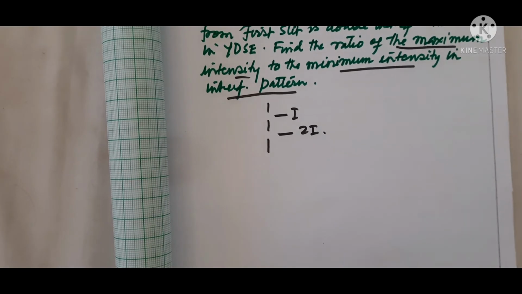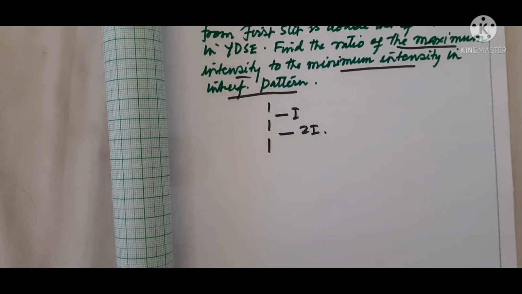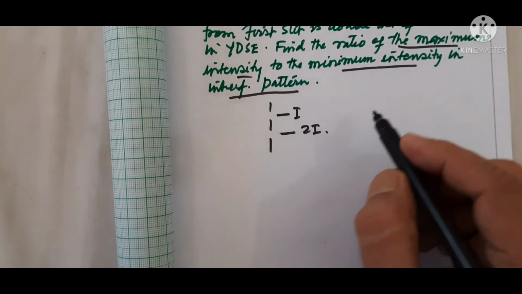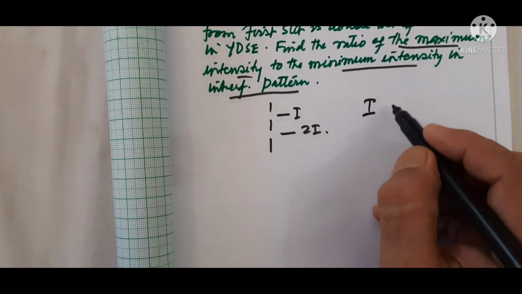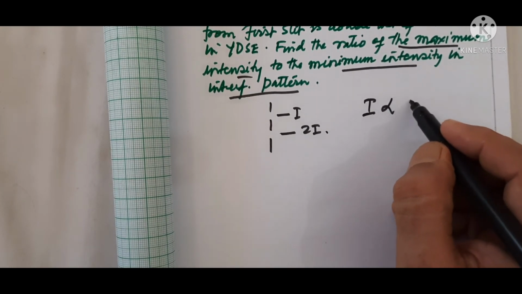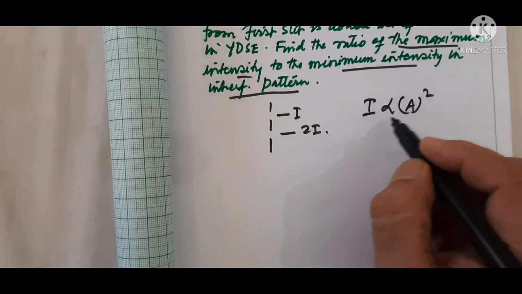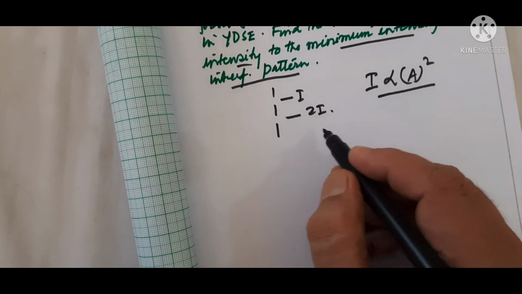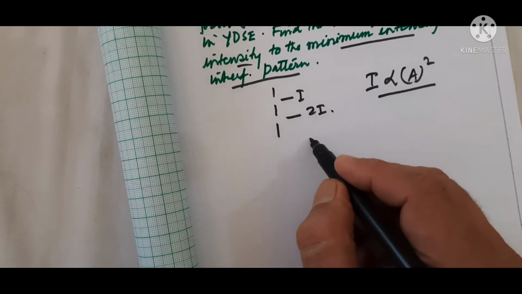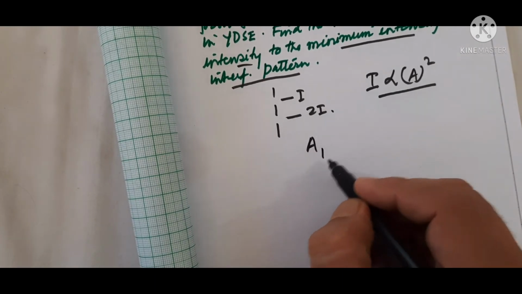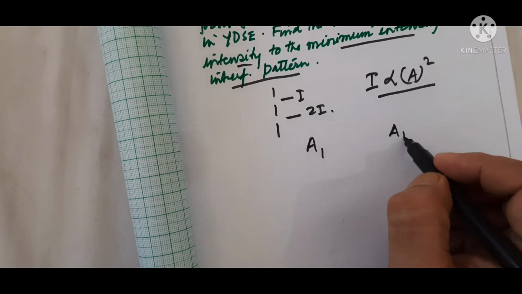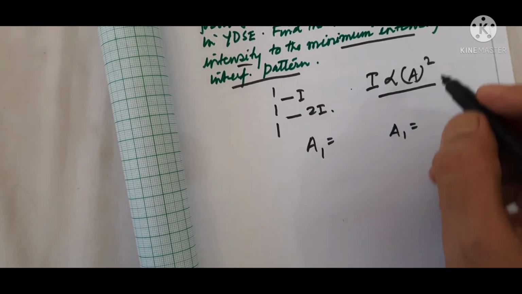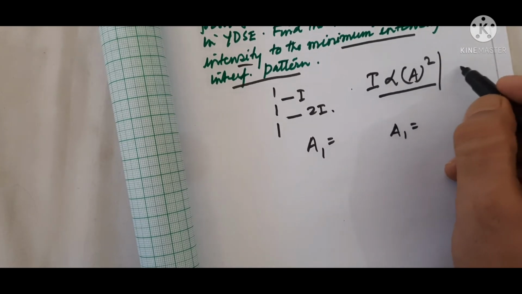If the intensities are double like that, we know one very important thing: intensity is directly proportional to the square of the amplitude. So if the intensity is like that, the amplitudes of the first one and the second one, if I remove the square, what will happen?